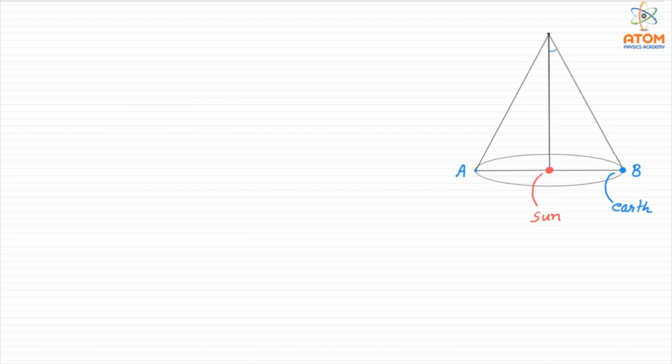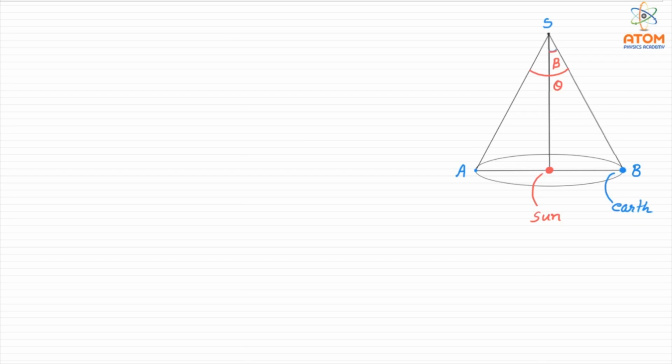Now, let us choose this as star S. The closest star that we are talking about here is, let us say, S. And let us say this angle is beta. This is the angle subtended by Sun and Earth at the star S. Also, let us consider this angle as theta.